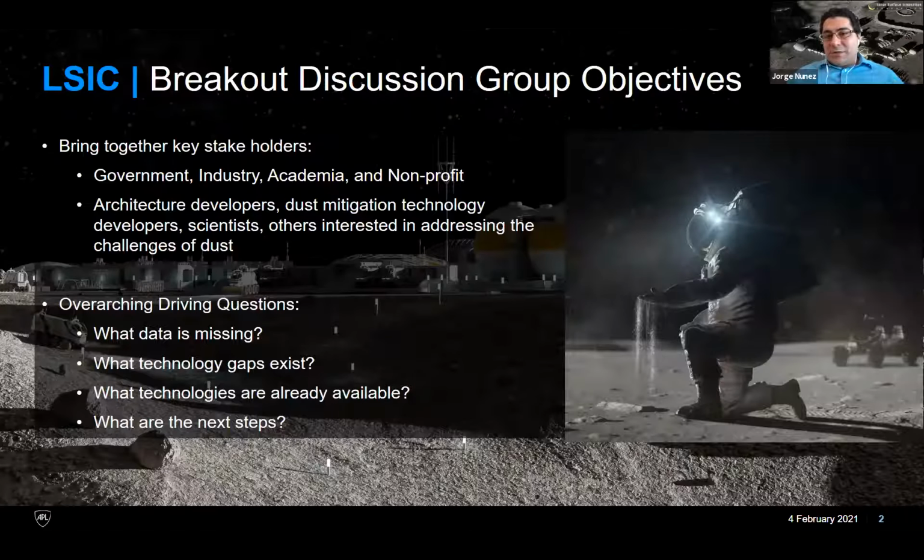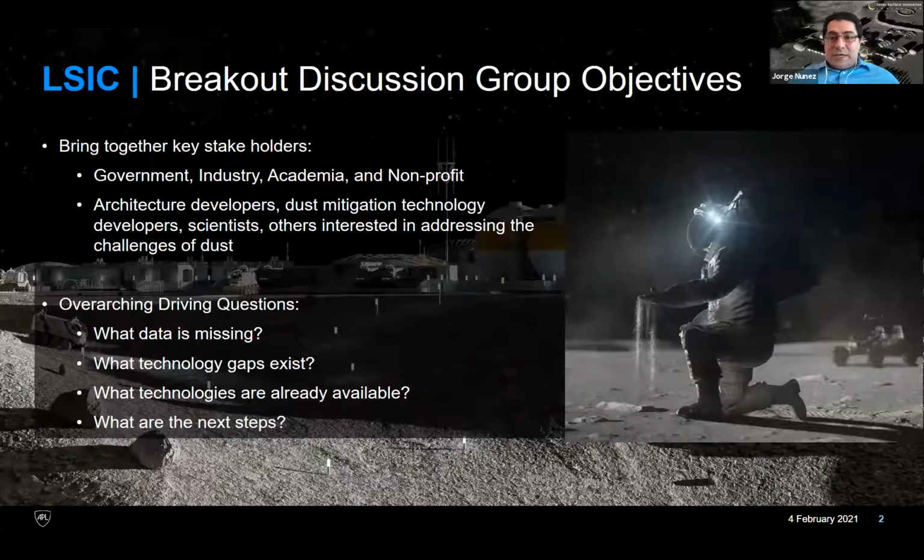We heard some of those already, and I'm hoping that during these breakout sessions, we're going to delve further into some of these as well. What technologies are already available, right? There might be some technologies that folks have been developing that could be applicable, especially some of the examples that folks gave from the commercial sector that could be applicable for the lunar surface. And then of course, what are the next steps?